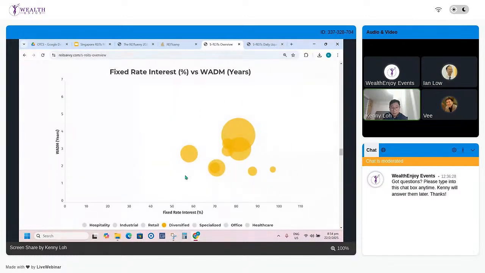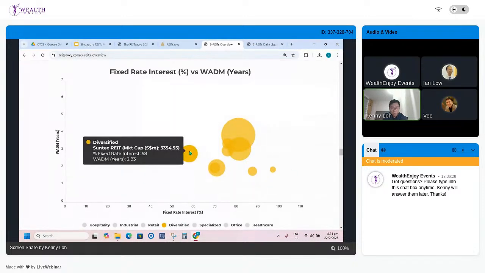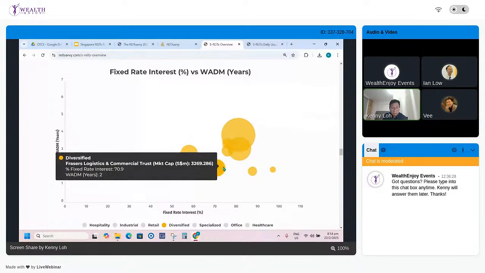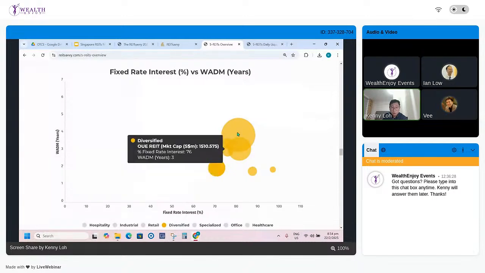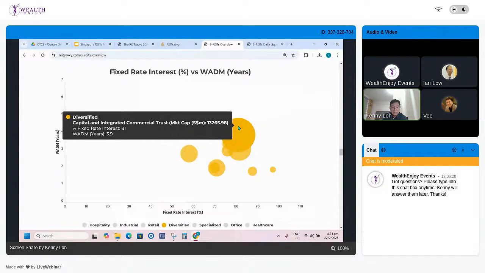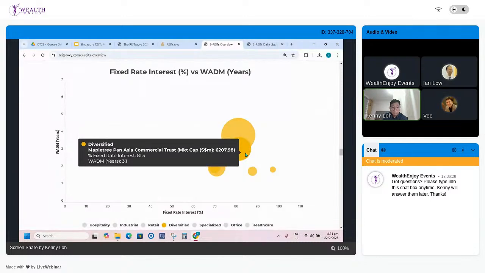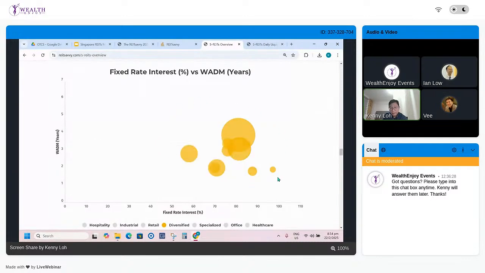These are the sectors. So you have Suntec REIT, Frasers Logistics & Commercial Trust, CapitaLand Integrated Commercial Trust, and Mapletree Pan Asia here. You can do the comparison for this diversified sector.